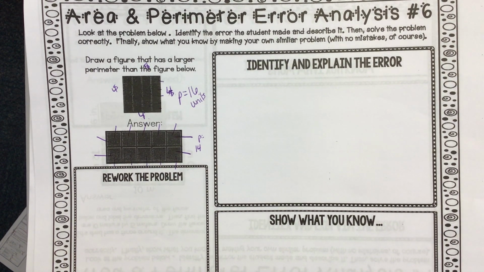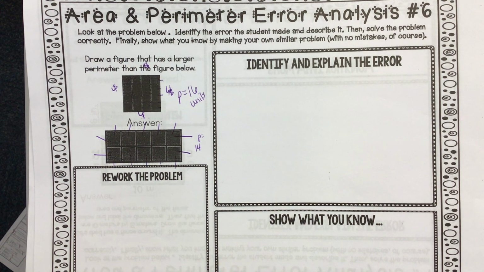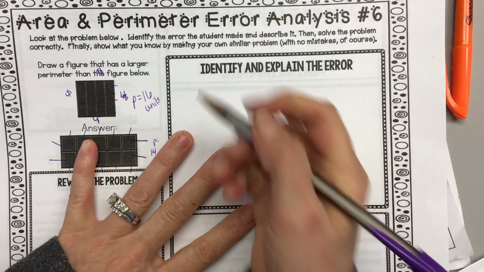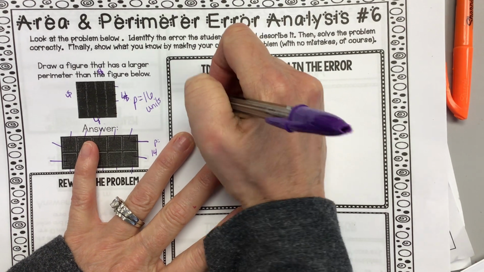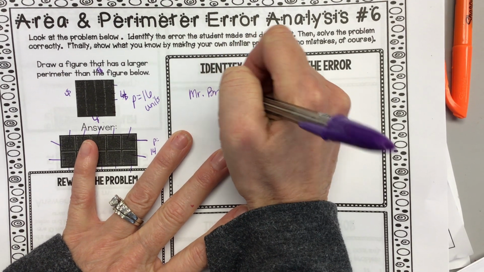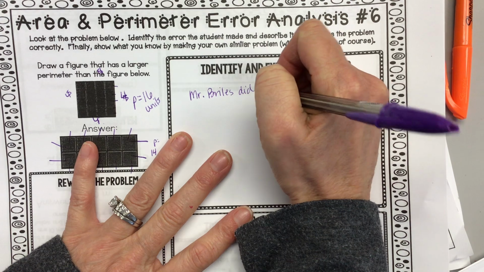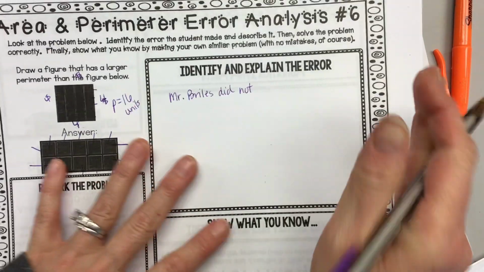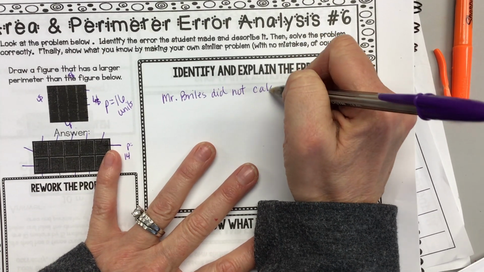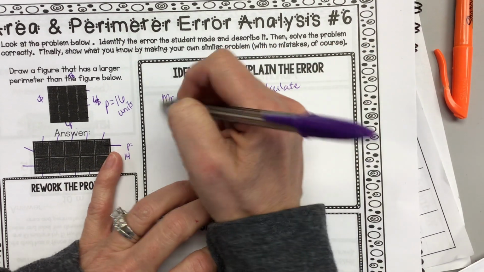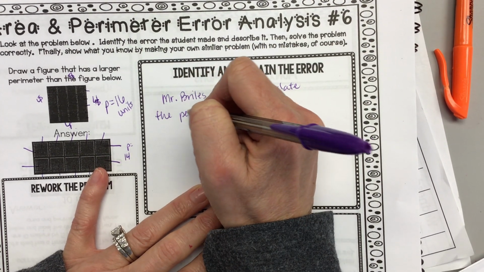Mr. Brown's mistake was he picked a shape with a smaller perimeter. Okay, I think we could say Mr. Brown did not calculate the perimeter correctly.